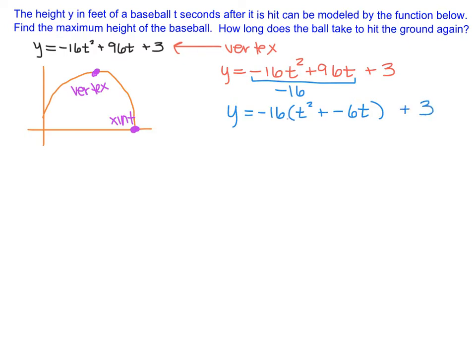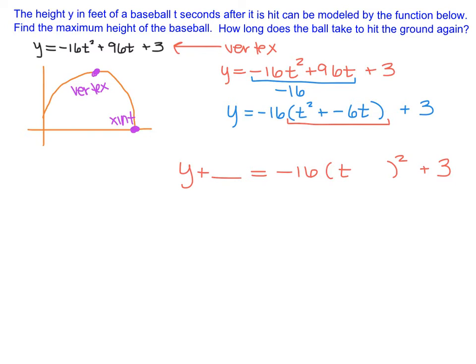So our goal is going to be to essentially complete that square that we see right there. Our goal is to rewrite this so we have negative 16 times something with t plus or minus a number squared, and then we'll have that plus 3 on the outside, and we'll still have our y value over here. And we're going to add some value as we complete that square.